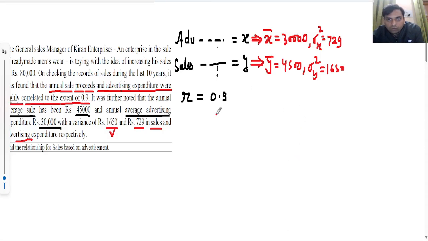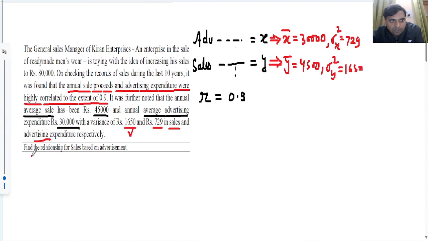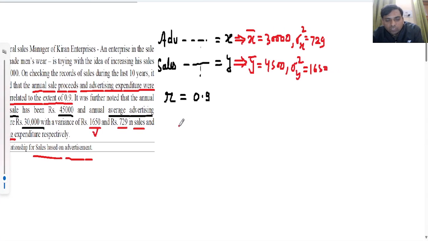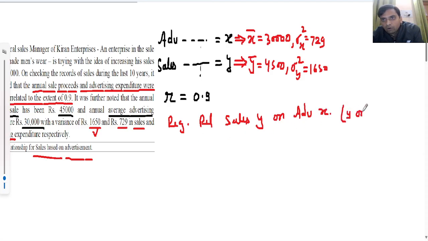Okay, so you need to find, in this case, a relation for sales based on advertisement. This means you need to find the regression relation for sales, denoted by Y, on advertisement, that is X. This means your target is to find the Y on X relationship.